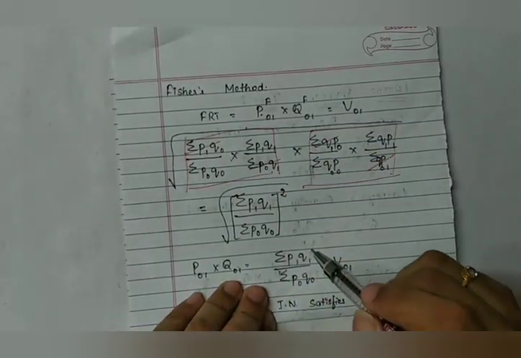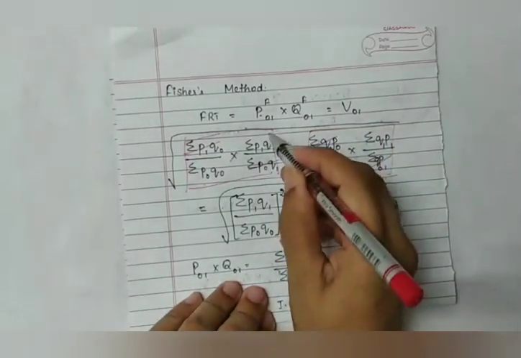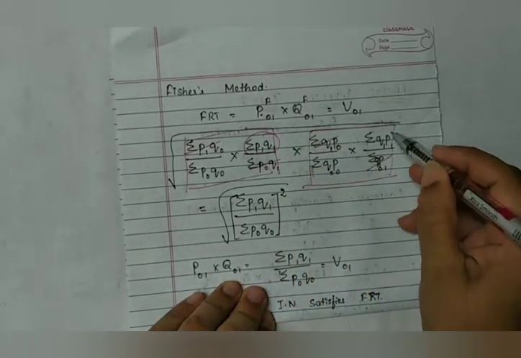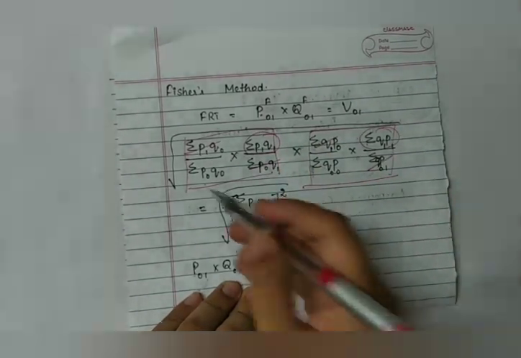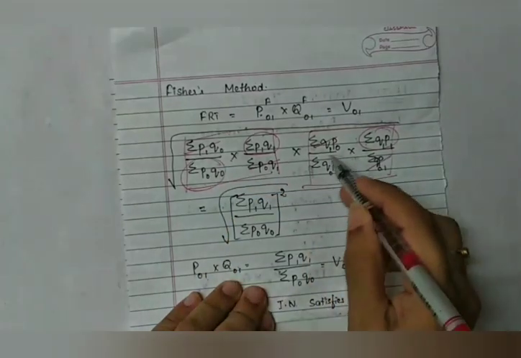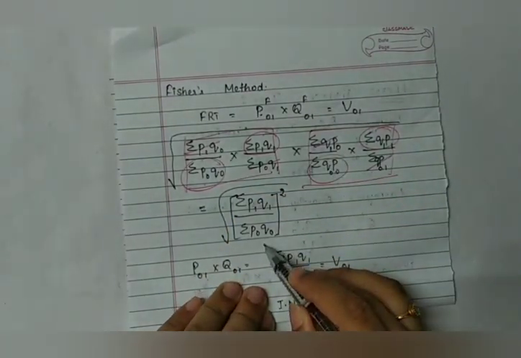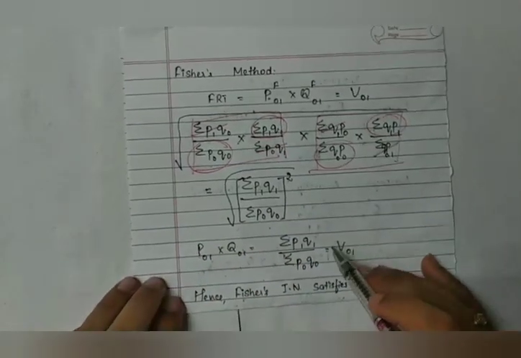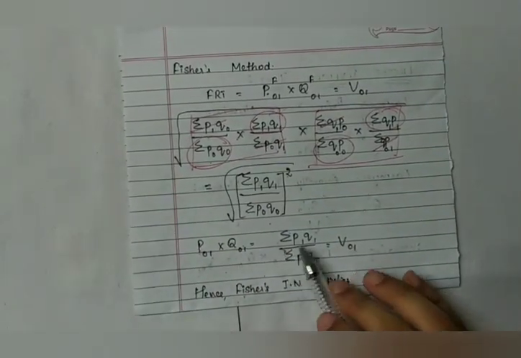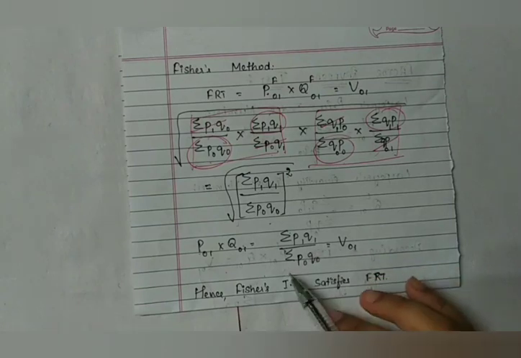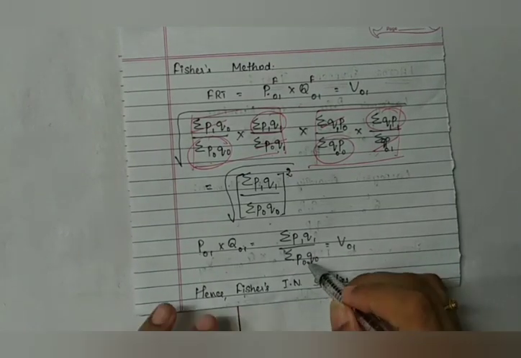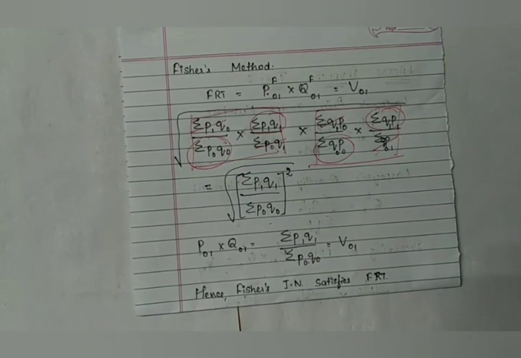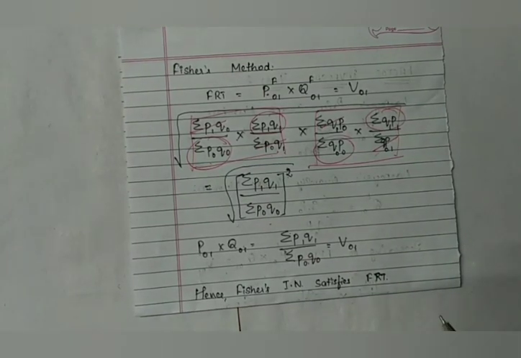So now what is remaining? P1Q1, Q1P1, both are same. Next P0Q0 and Q0P0, and its square, again square root, and when simplified it will be summation P1Q1 divided by summation P0Q0, and this is the formula of value index number. Hence, Fisher's index number satisfies factor reversal test.